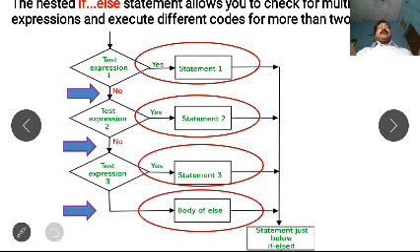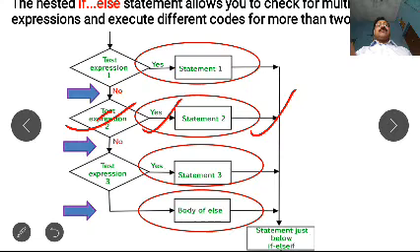Now see here, the test condition is given here. If it evaluates to true, then statement 1 will be printed. If no, then again this condition will be tested. Here's the second condition. If it is yes, then this statement will be printed.